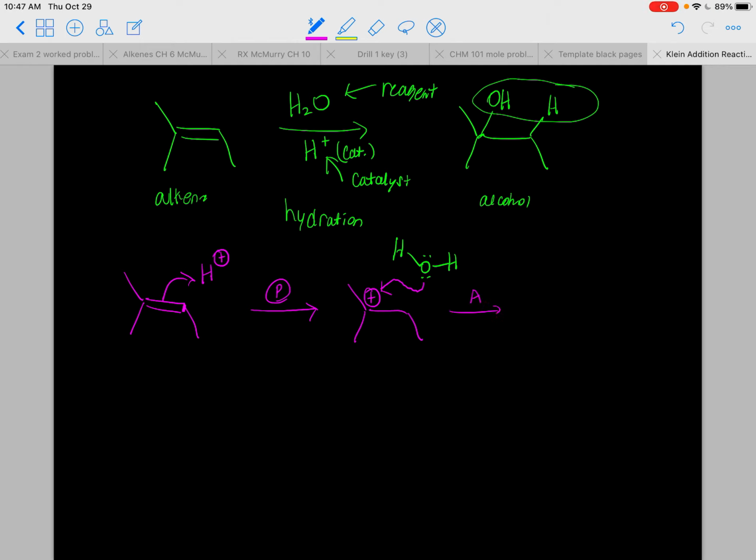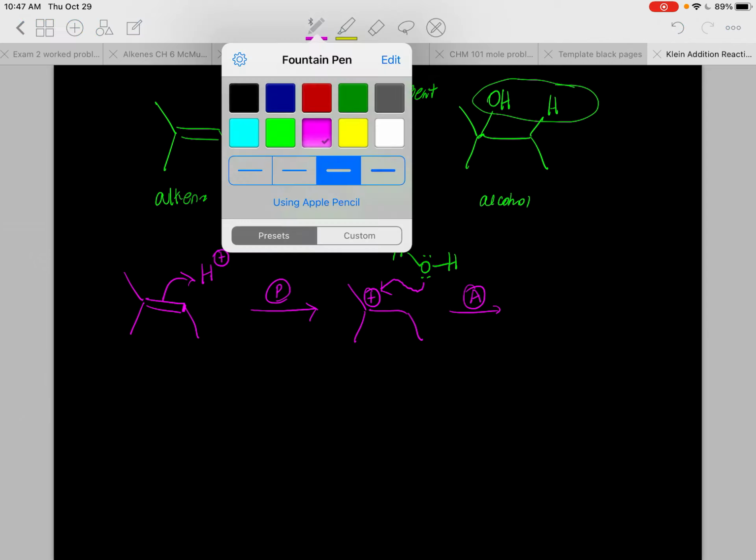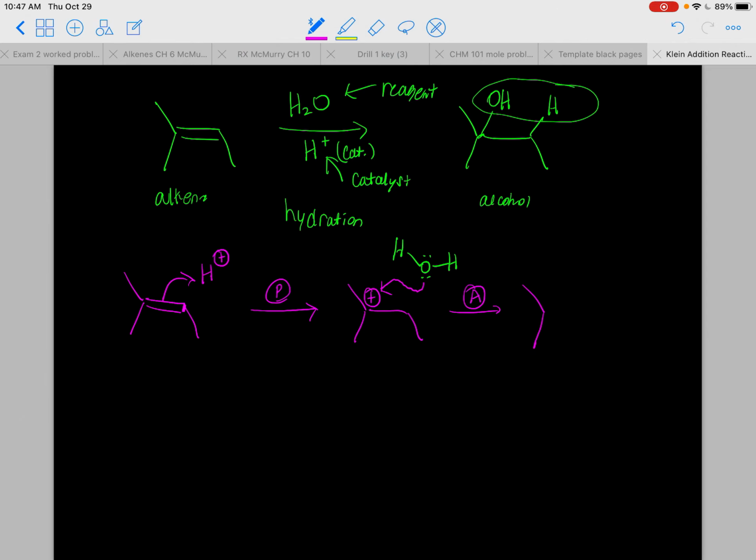Okay, so that's A for attack. Now, what you get from this process is your protonated alcohol. Okay. So you have an H here, and you have an H here because H2O is 2 of them, right? Now, here's where water is going to deprotonate.